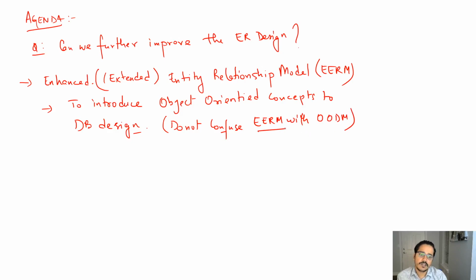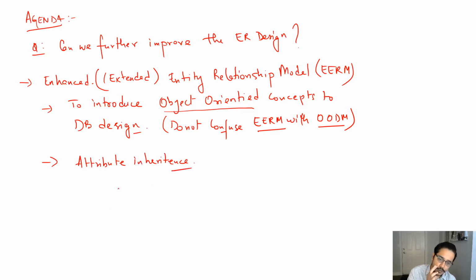Okay, so these two are completely different. Okay, so the way enhanced entity relationship models introduces the concepts of OOP to database design is by what is known as attribute inheritance. Okay, so this is what we are going to be discussing in this particular video.